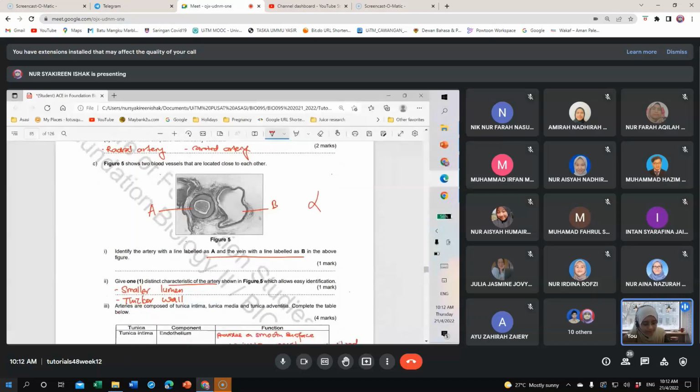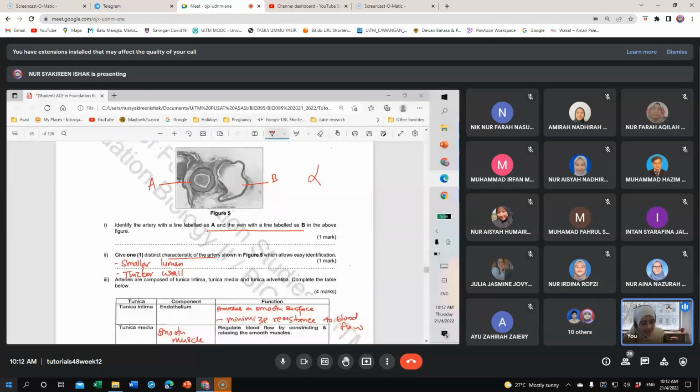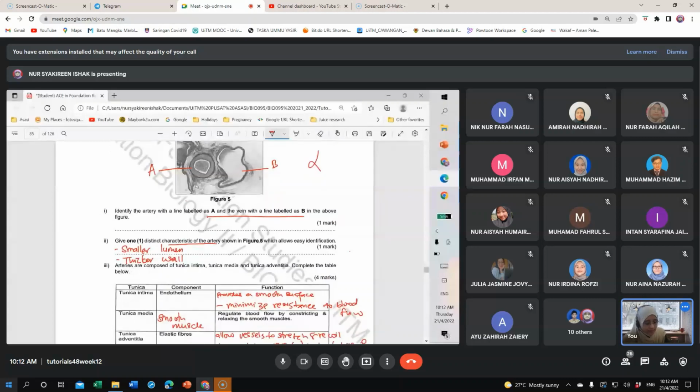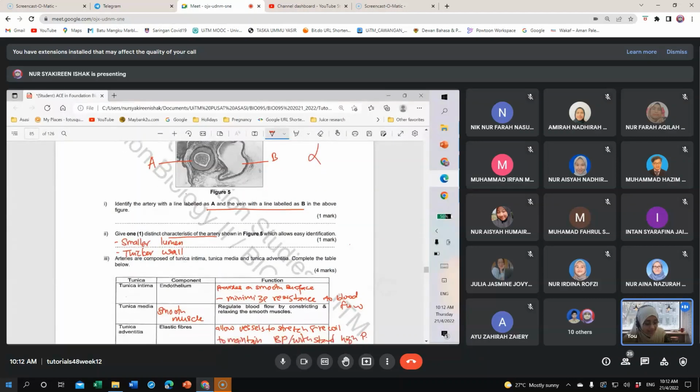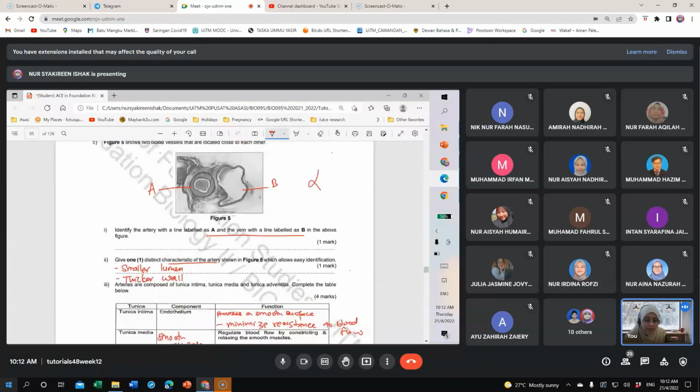Okay, so next, give 1 distinct characteristic of the artery shown in figure 5 which allows easy identification. Macam nak tahu itu artery, itu vein kan? So you look at the diameter, the size of the lumen. So if the blood vessel has a smaller lumen, that would be the artery, and the wall of the artery should be thicker, because why is it that the artery wall is thicker?